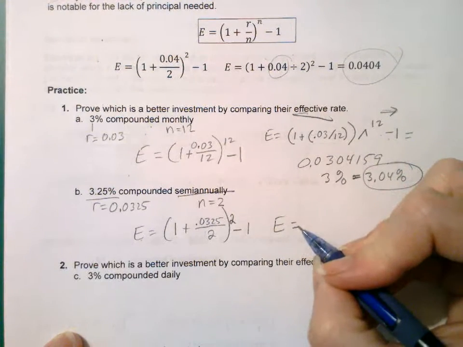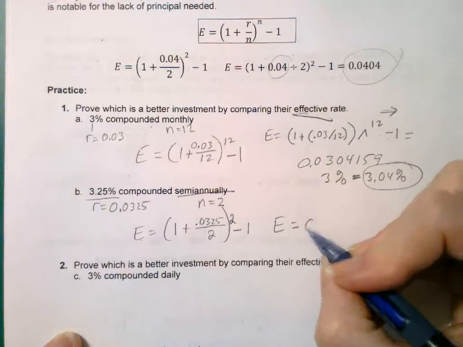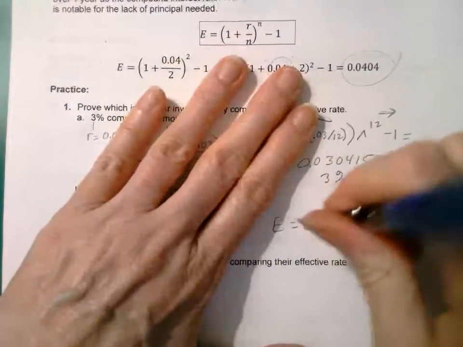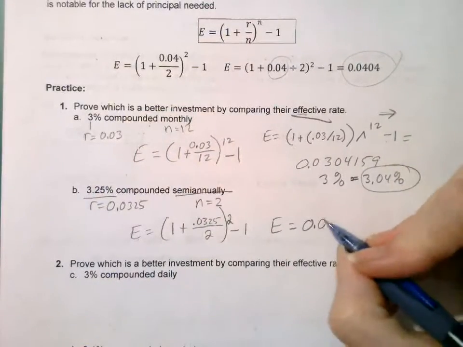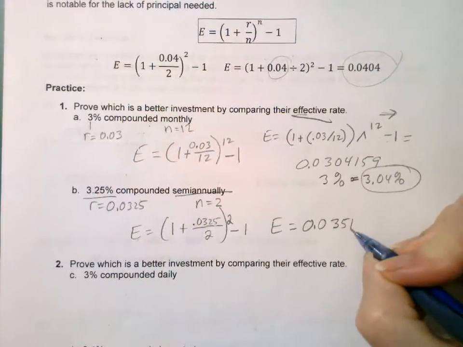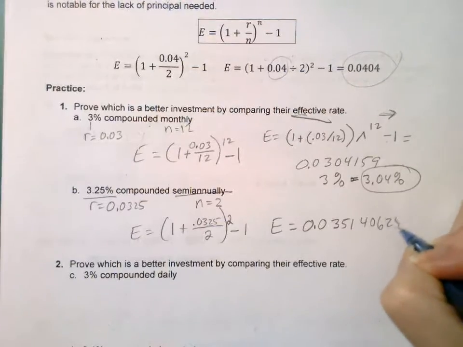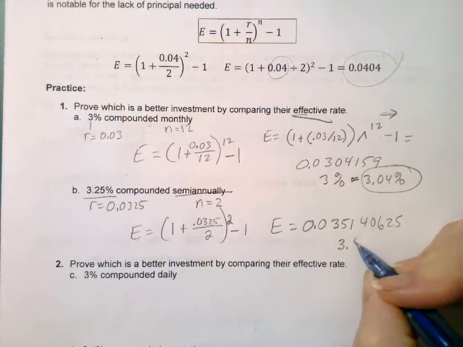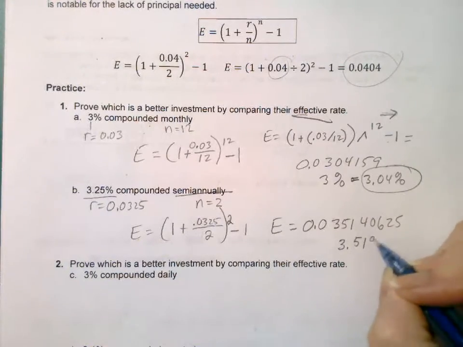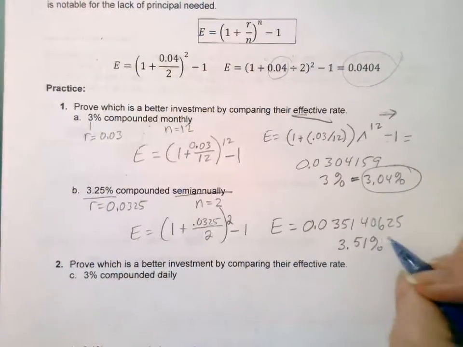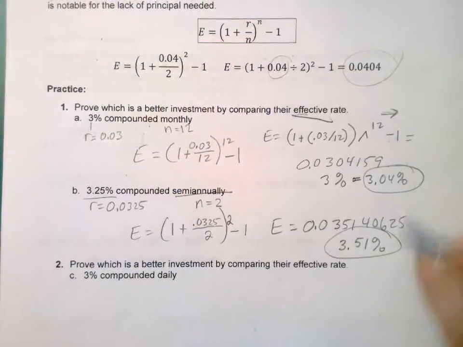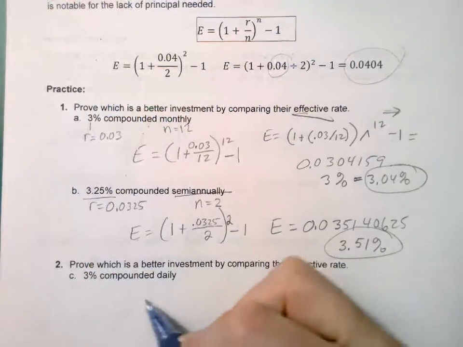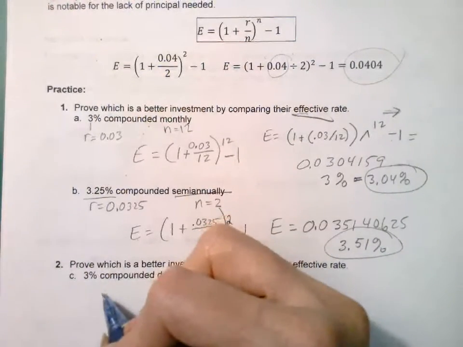And when you figure this out in the calculator, this will be 0.035140625, which is approximately 3.51% or 3.5%. Quite different than the other one. 0.5% makes a difference.